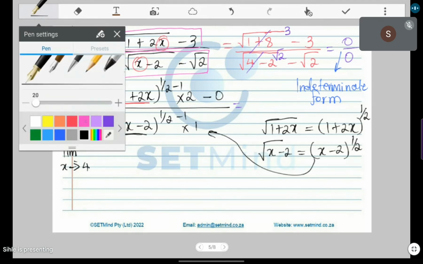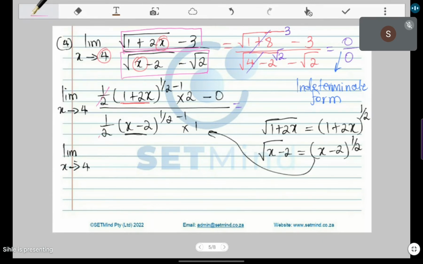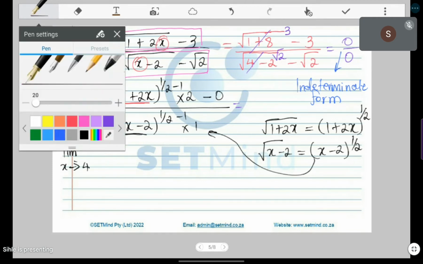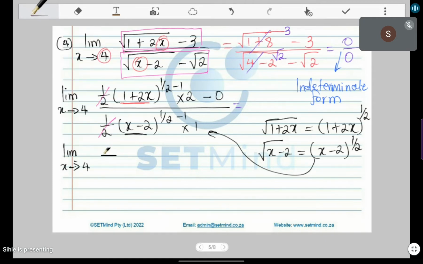Obviously, let me cancel these first. The 1 over 2 and the 1 over 2, they're going to cancel. Then what I have in the numerator is 2, 1 plus 2x to the negative 1 over 2, divided by x minus 2 to the negative 1 over 2.